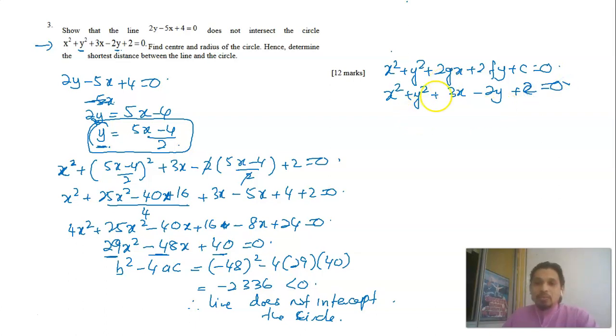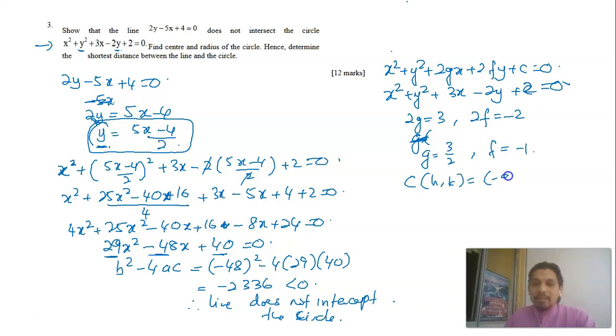So 2g equal to 3 and 2f equal to negative 2. So g equal to 3 over 2 and f equal to negative 1. So the center (h, k) equal to (negative g, negative f), which is negative 3 over 2 and 1.